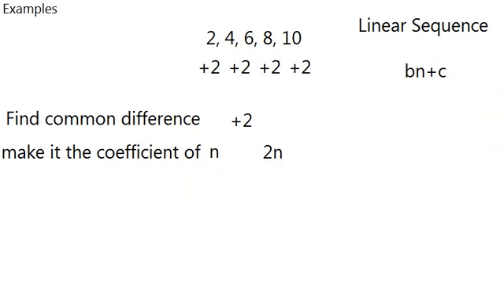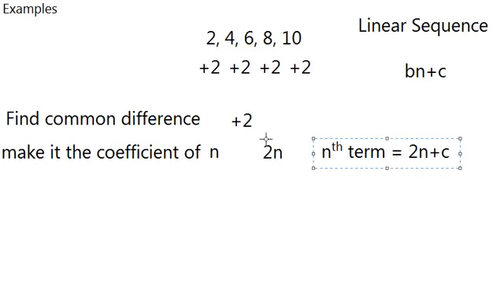So the nth term of this sequence will be 2n plus c, because we know the coefficient is 2, so b is 2 essentially. And so we have a part of the sequence.